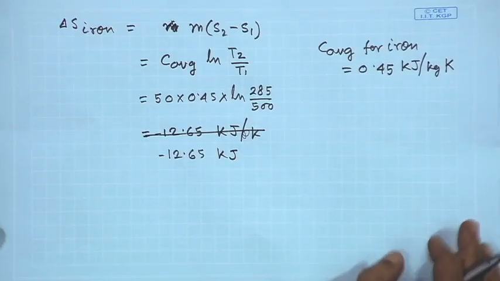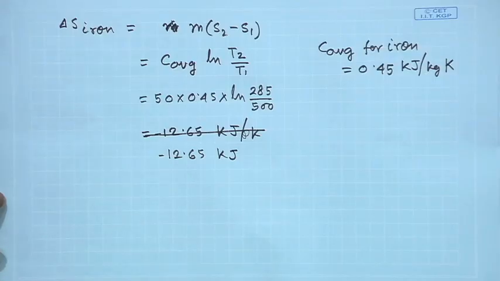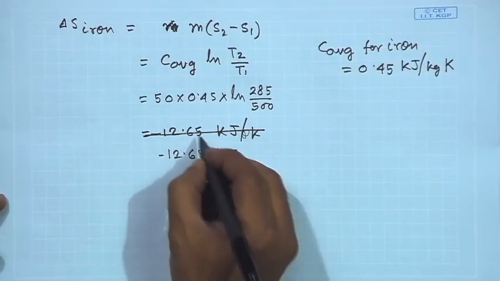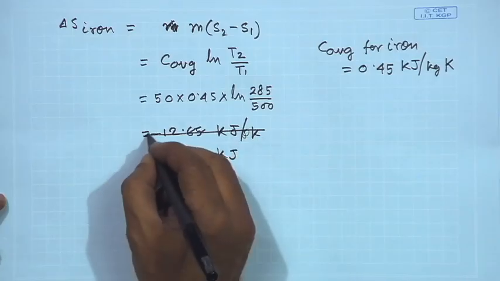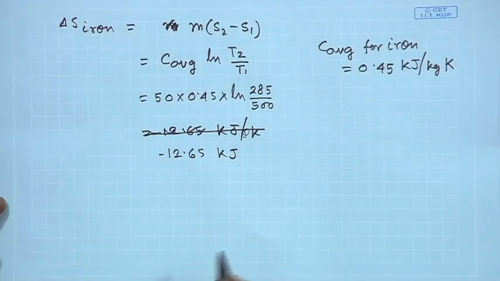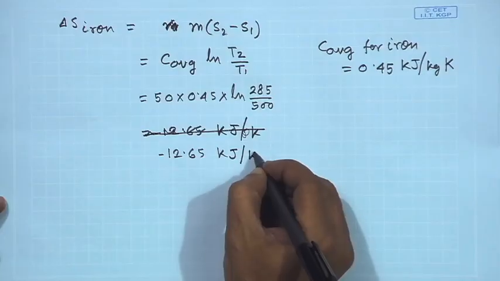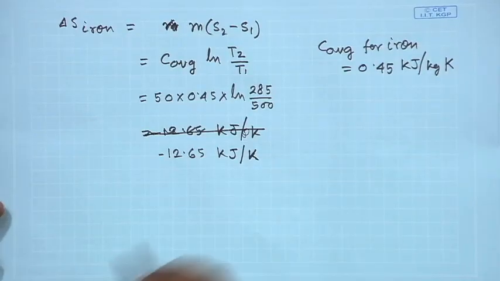So, this is the entropy change for the iron, kilojoule per Kelvin. Now, what is the heat transfer?